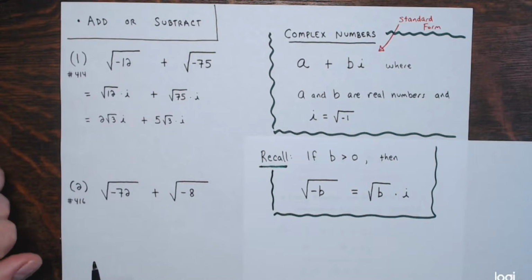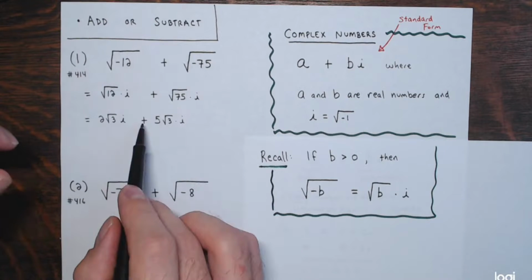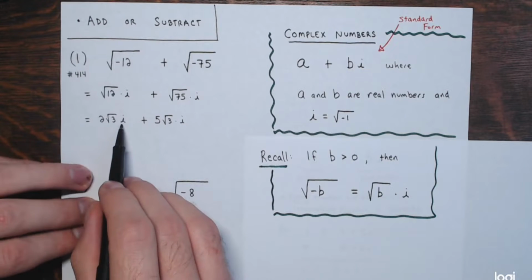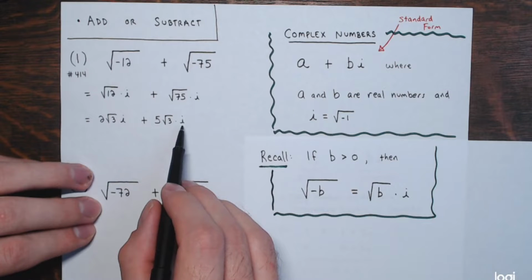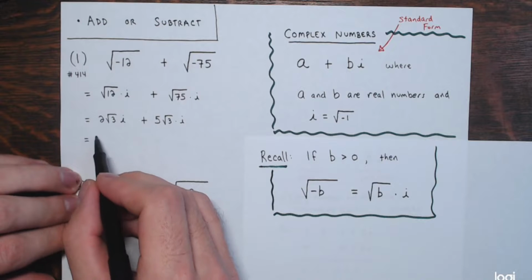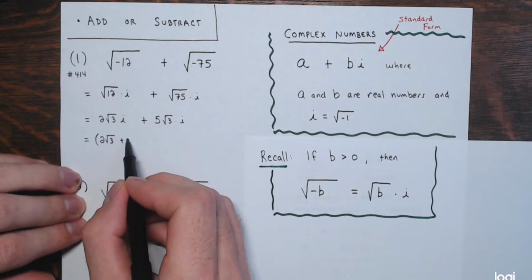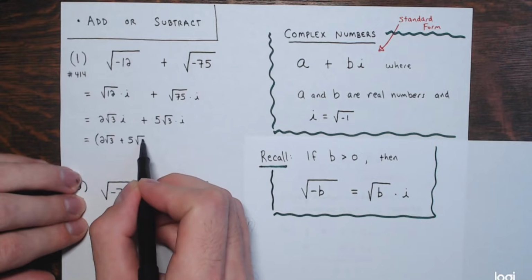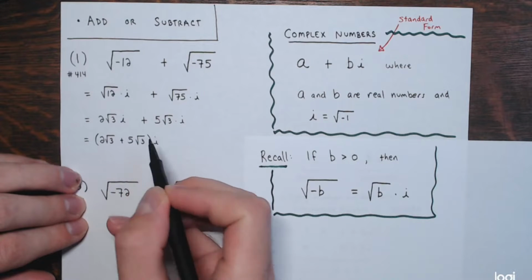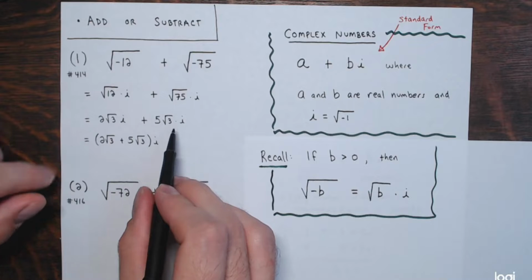And now I combine like terms. We add or subtract, but here it's adding. See how both these terms have i? So you could factor i out if you wished: 2 square root of 3 plus 5 square root of 3, times i. You're just combining the coefficients of the i's.